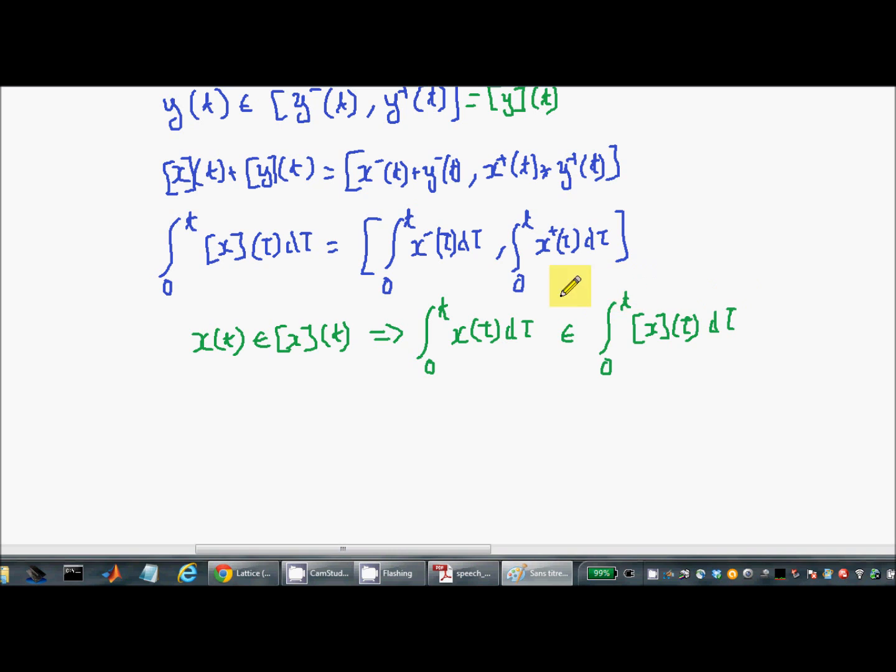And I will have the same kind of rules for the addition and so on.